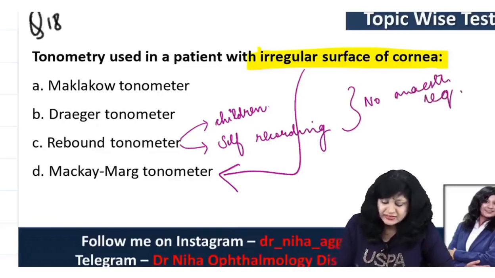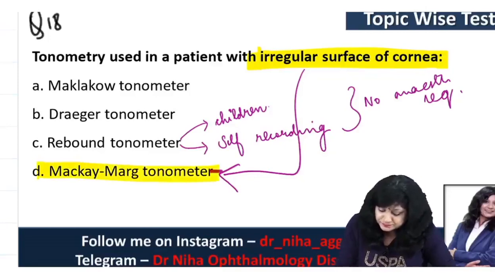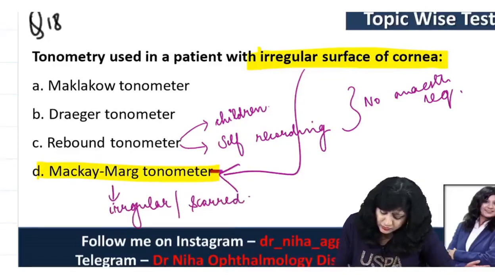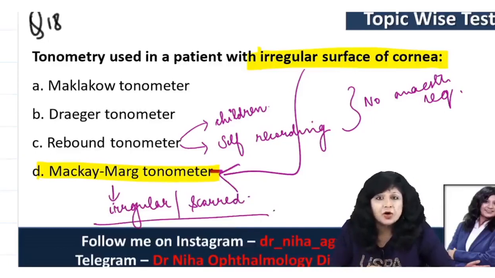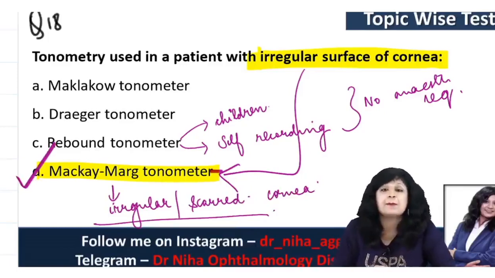While it is the Mackay-Marg tonometer which is used in cases where you have the irregular cornea or the scarred cornea.